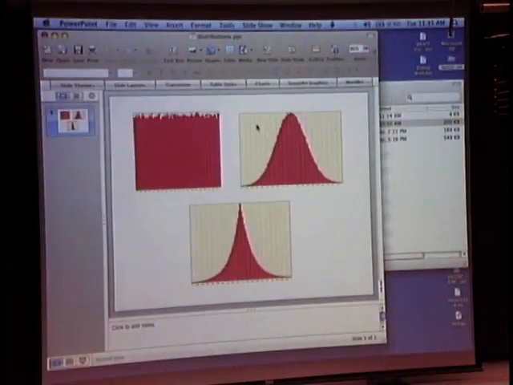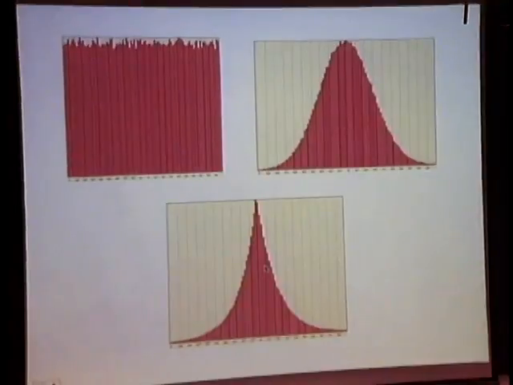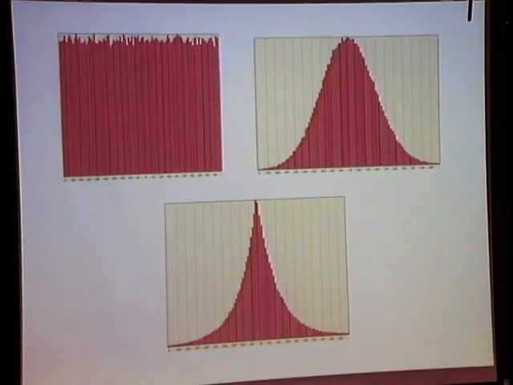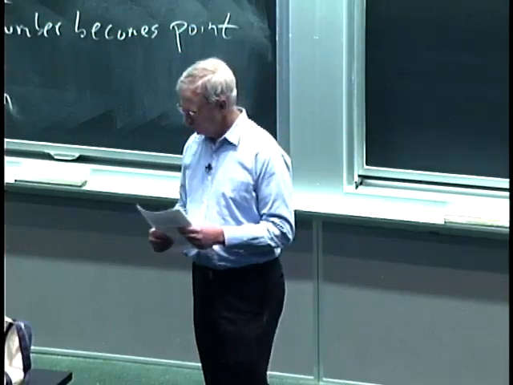You have these on your handout. So the one on the upper right is the Gaussian or normal distribution we've been talking about. As I said earlier, quite common. We see it a lot.